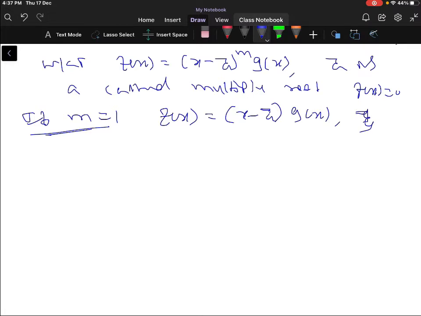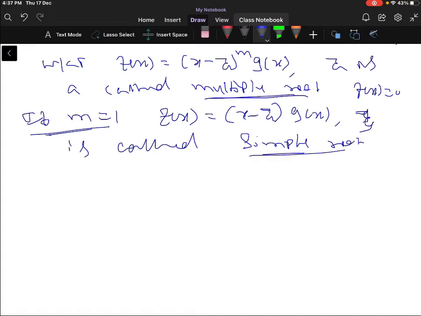Then xi is called a simple root. So you know the difference between multiple root and simple root. In the case of a simple root, obviously f of xi is equal to 0, but f dash of xi is not equal to 0.